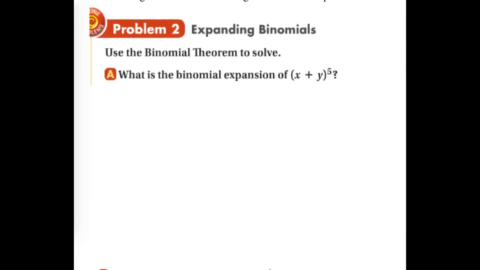If we were going to expand this like we did yesterday, we would have looked up Pascal's triangle. The numbers are the coefficients for this. If we're expanding it to a 5th power, we would start a row with 1, then 5.